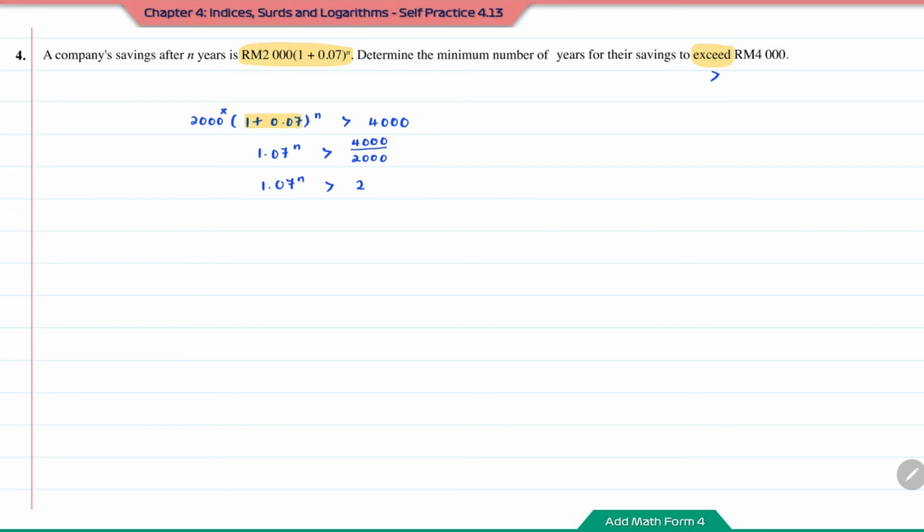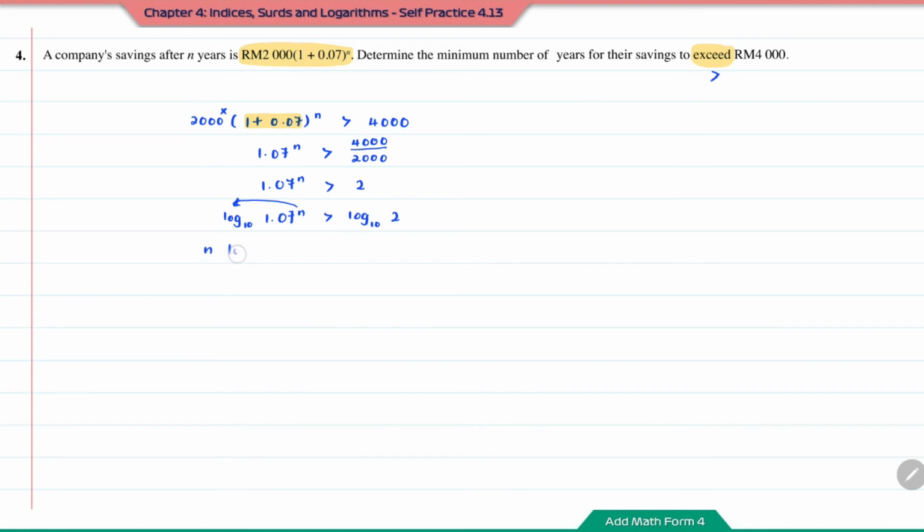So I cannot change the base on both sides to become the same base so that I can compare the power. Therefore, to continue, we're going to solve this using the log. So on both sides, I'm going to log it using log base 10. Now, using the power law, I'm going to write the n to the front.